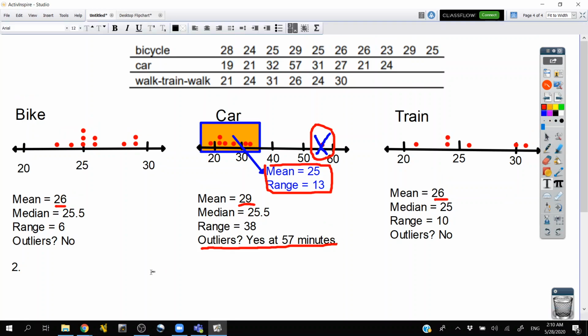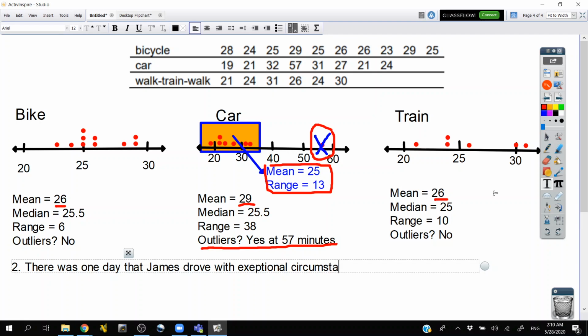So my argument for the car would have been there was one day that James drove with exceptional circumstances, probably traffic.